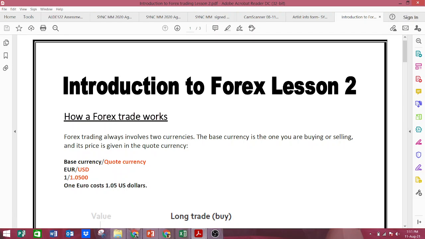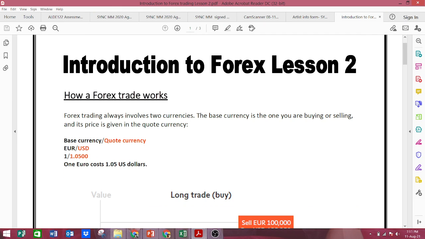The base currency is the one you are buying or selling, and its price is given in the quote currency. So we are looking at the context of Euro USD. Those are two currencies which are called a currency pair. The one on the left is the base currency, which is the euro, and the one on the right is the quote currency, which is the USD.